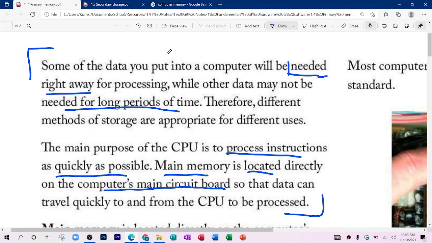Anyone has an idea? What do you think are some types of data you might need right away? No one? Alright. What about when your computer is on? Remember we looked at this on the software. When your computer is on, what software is it using?